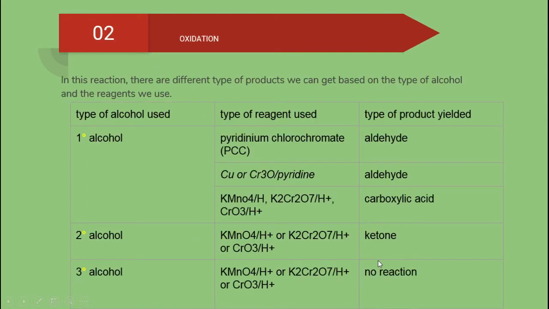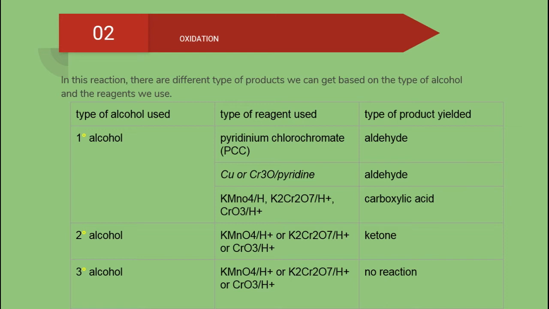Second one, oxidation. In this reaction, the type of product that we get is based on the type of alcohol and reagents we use. If we use first degree alcohol and PCC as the reagent, or chromium trioxide pyridine, we will get an aldehyde from both reactions.